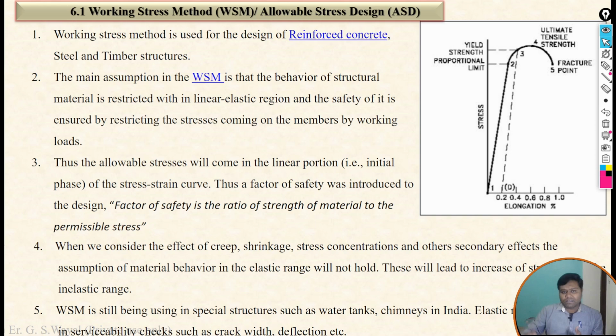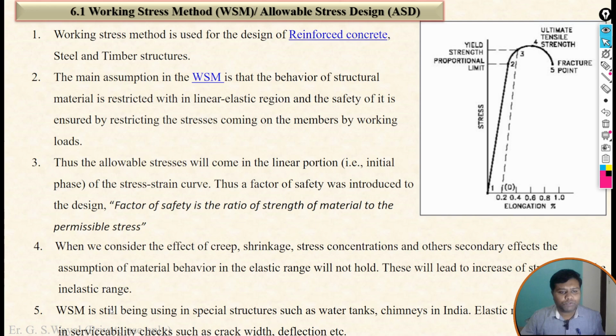Whatever strain, creep, and shrinkage are developed in the member, those are not considered in the design of the working stress method. That's why the stresses produced in the inelastic range are in a very high zone. So that is, we can say, the disadvantage of the working stress method. And the working stress method totally depends on the stresses produced in the member. That's why we require a large size of any element.